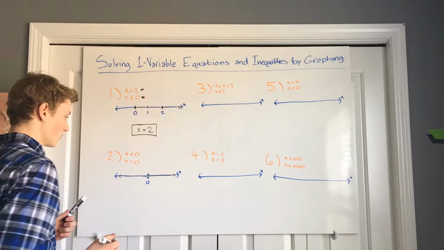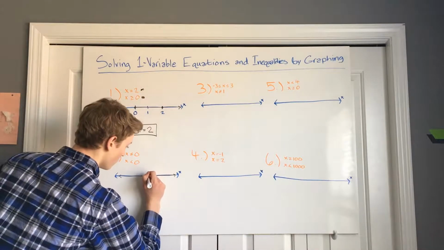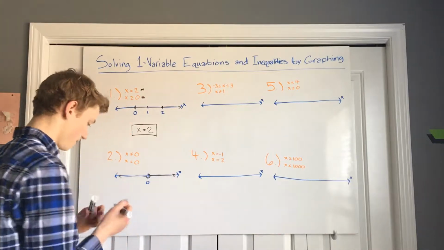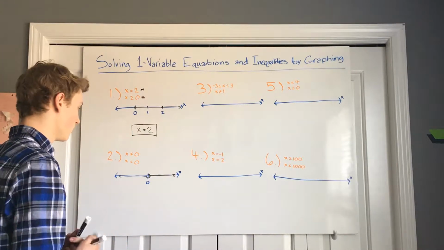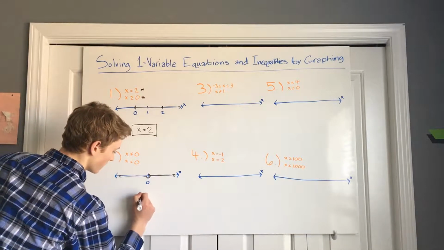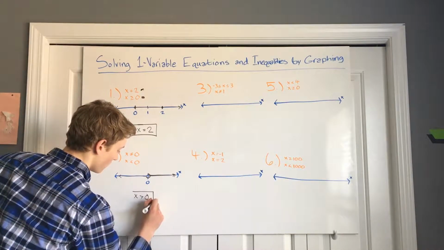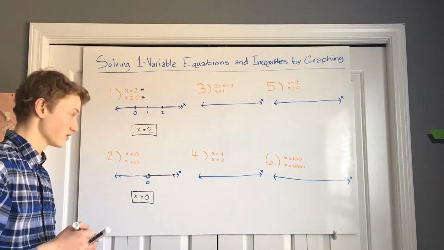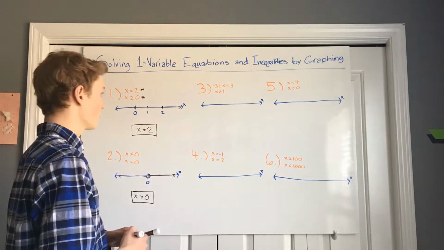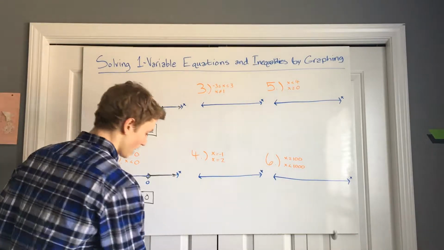And then for this one, we have x is greater than 0, open circle, and we'll go like that. So, where do they overlap? X is greater than 0. Just like that. And there's our answer. So let's move on to the next one.